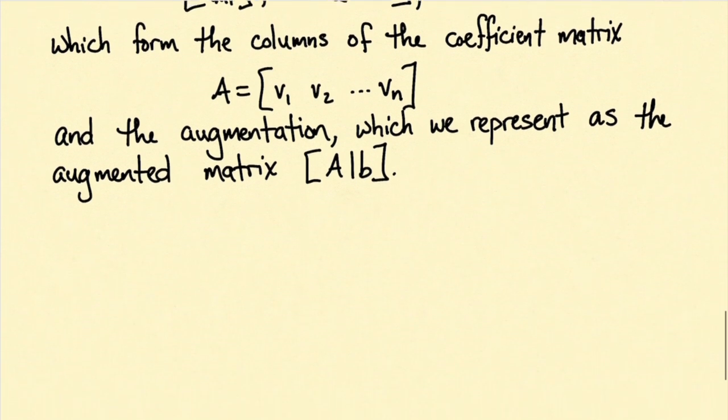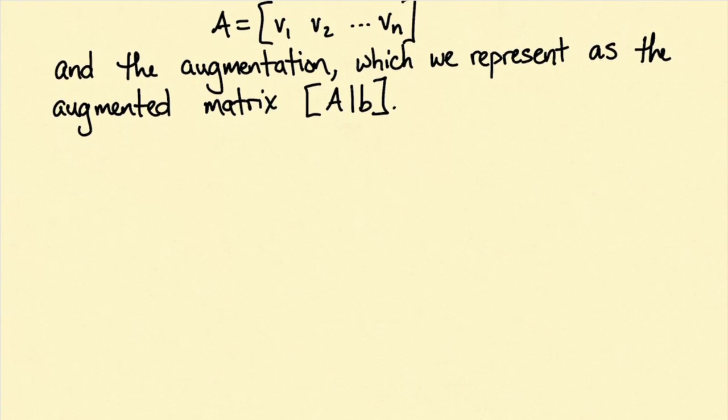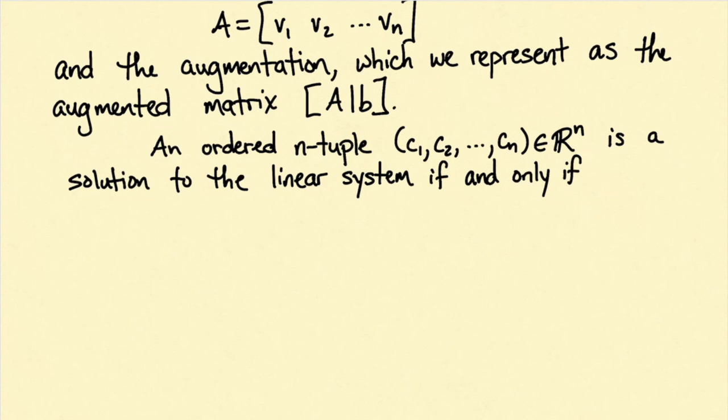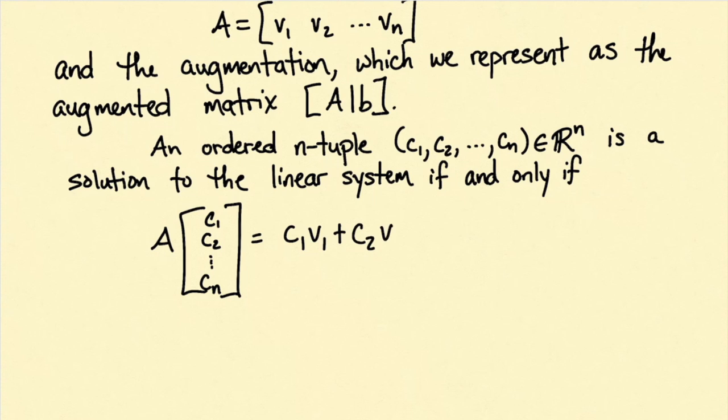So an ordered n-tuple (c1, c2, ..., cn) is a solution to the linear system if and only if A multiplied by the vector (c1, c2, ..., cn), which remember is defined to be the linear combination c1v1 plus c2v2 plus ... plus cnvn, is equal to b.